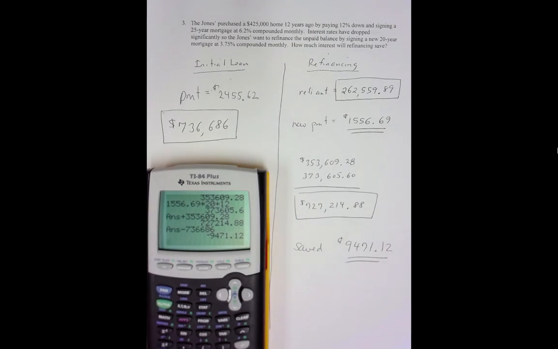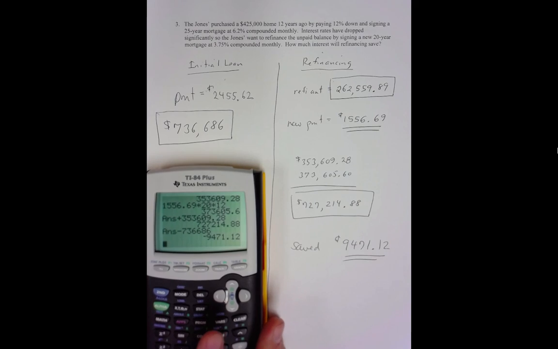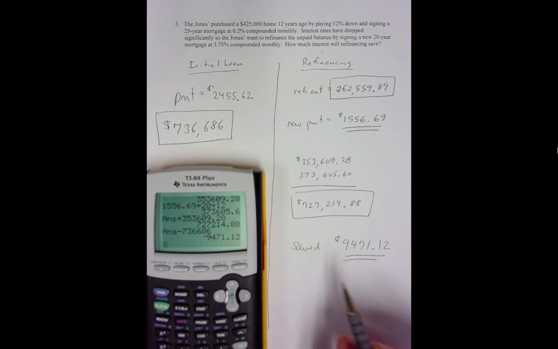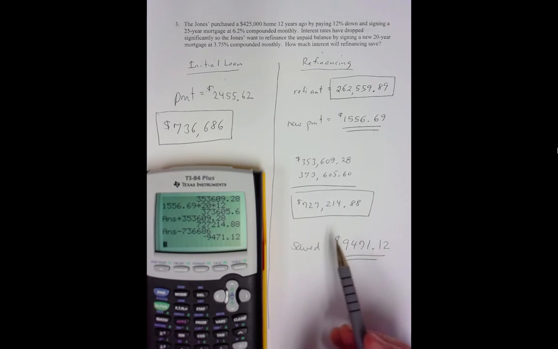Now, that doesn't sound like much, around $10,000. And I don't know about you, but I hope I get to a point one day where I think $10,000 isn't much money. But still, it doesn't seem like a lot when you're talking about nearly $1 million paid.